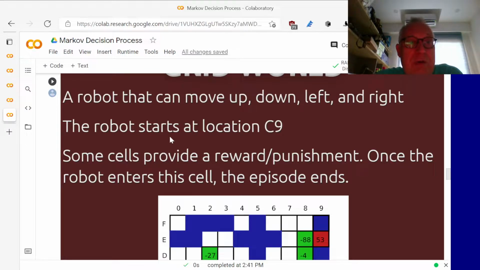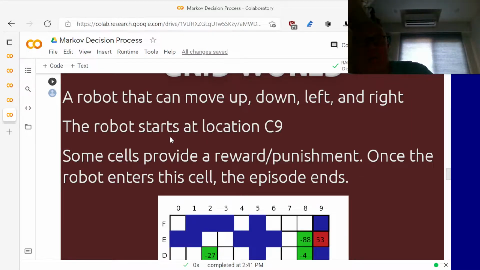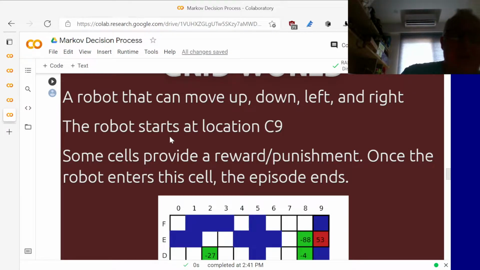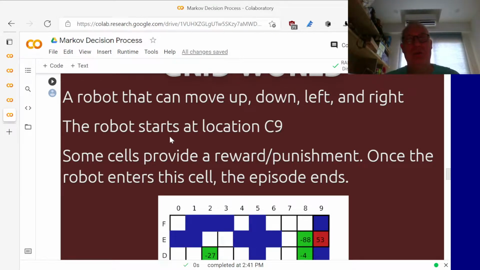So the transition is going to be deterministic. It is more difficult if you are dealing with robots in the real world and you have to deal with noise in your actuators and your sensors.